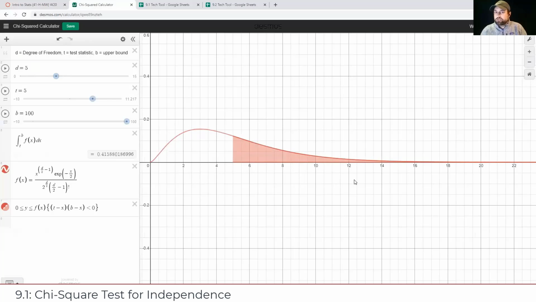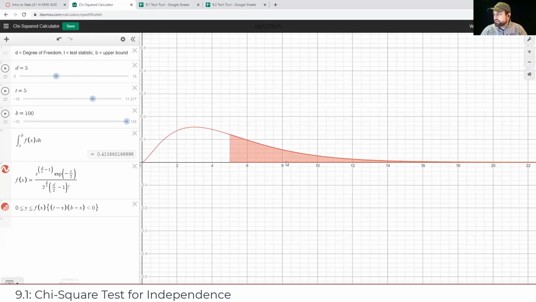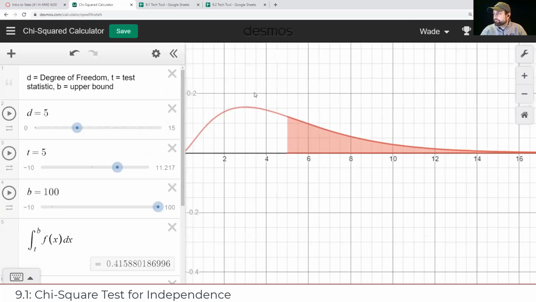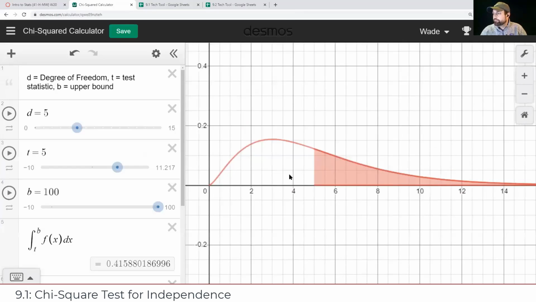And we always look at area to the right. We're always looking at area above chi squared. So these values along here, 2, 4, 6, 8, are the values of chi squared.